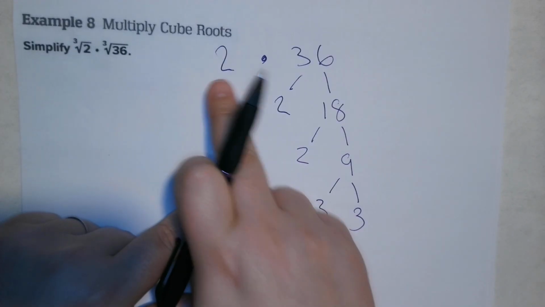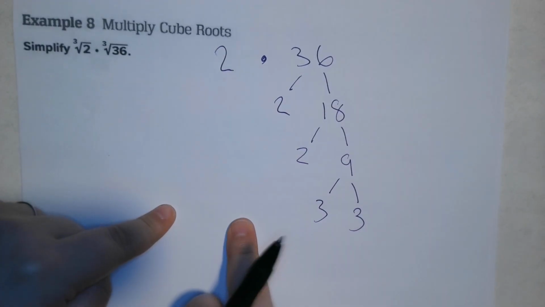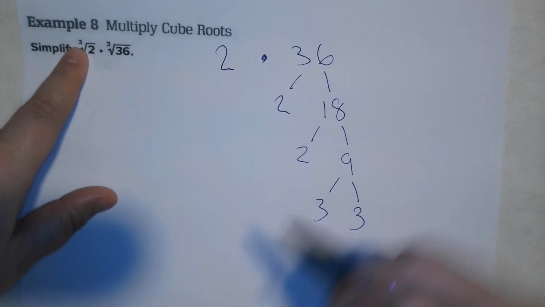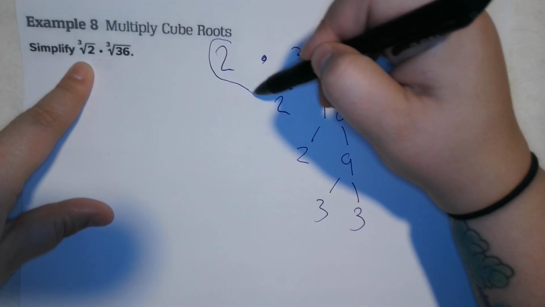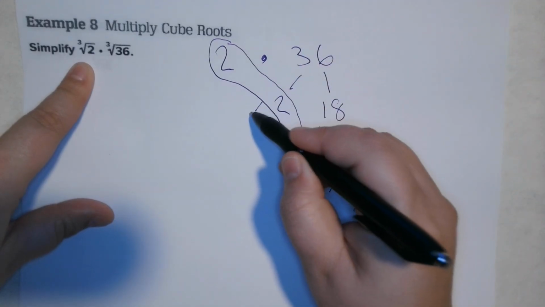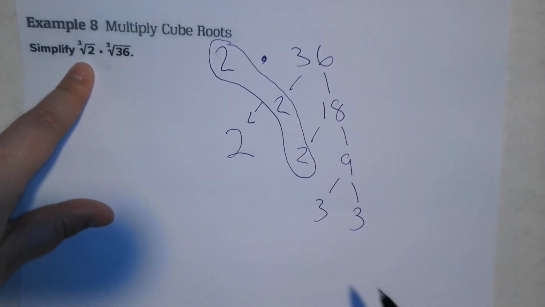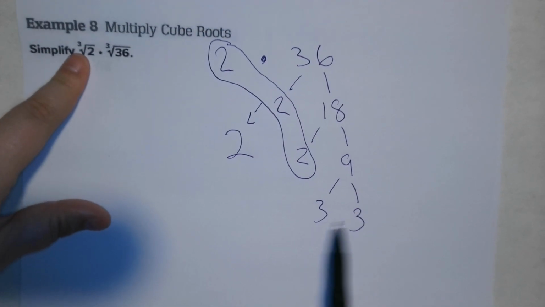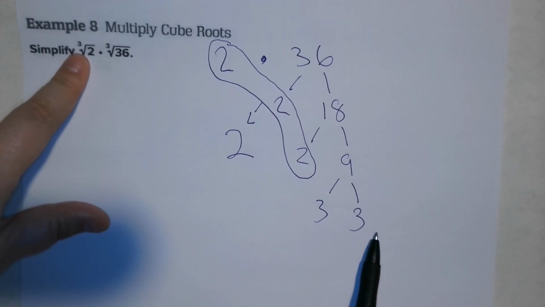So the original number, if I factored it, I'd look at their prime numbers. And then these prime numbers, circling groups of 3. So I have 1, 2, 3. So that's going to bring out a 2. What's left over? I've got 2 3s, but it's not a group of 3. So they're going to go back inside the radical.